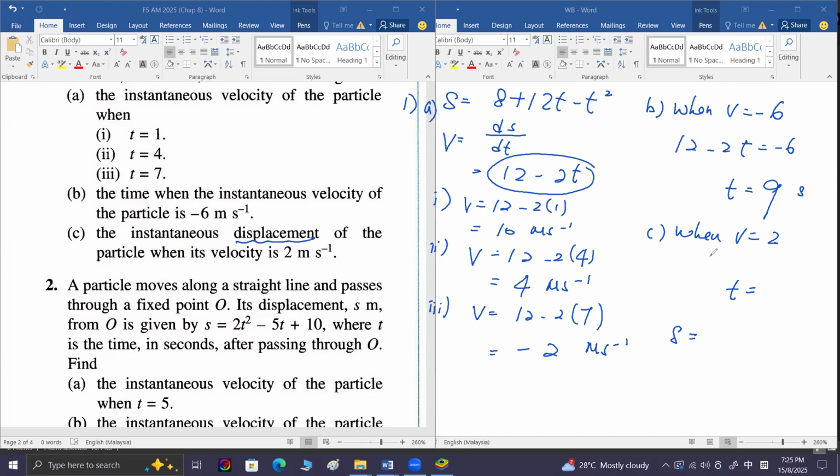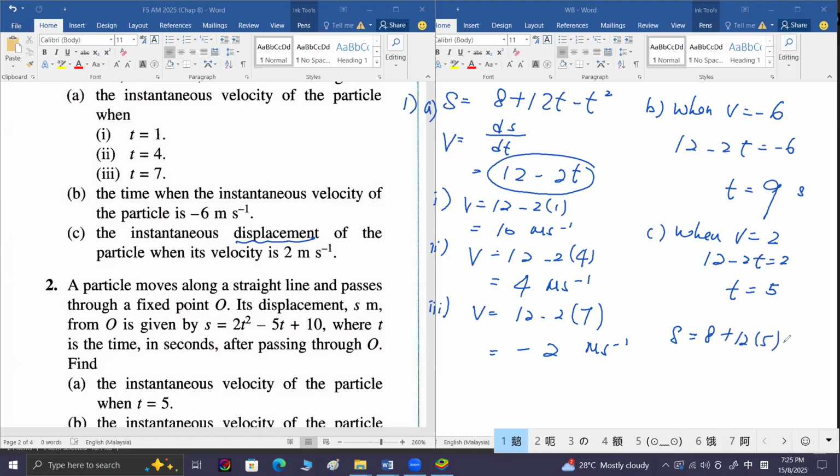Okay, we see back here, when V is 2, that t is 5, right? t is 5. When t is 5, we substitute here. Okay, you substitute here. So I get the displacement, 68 minus 25, I got 43.